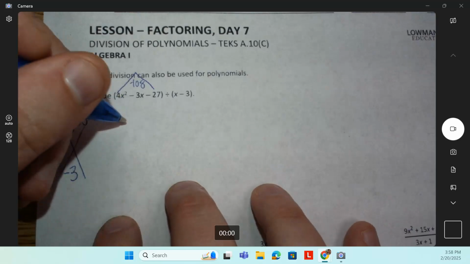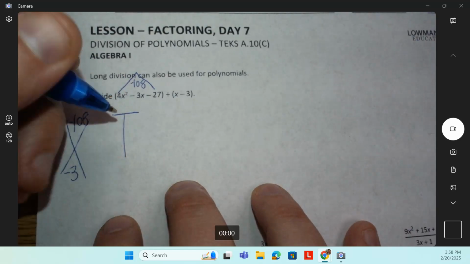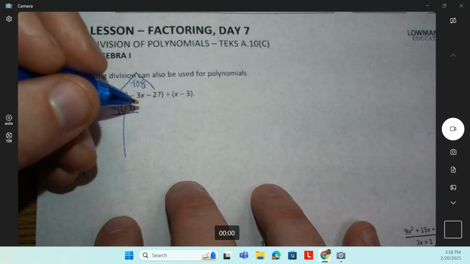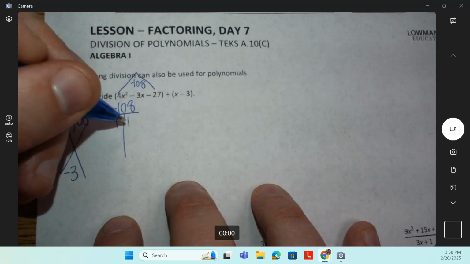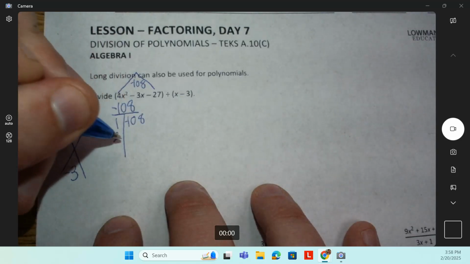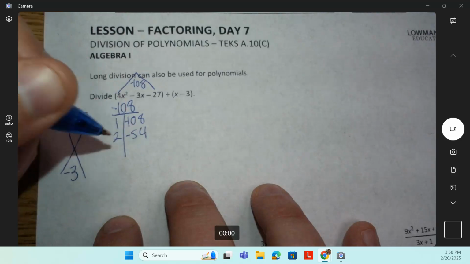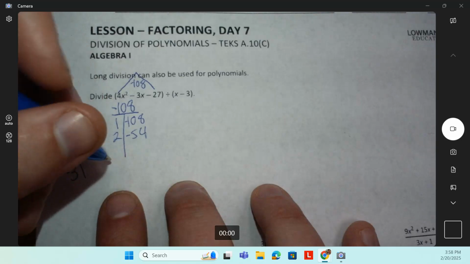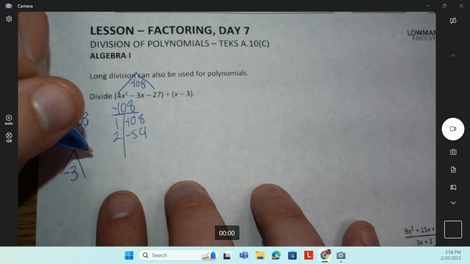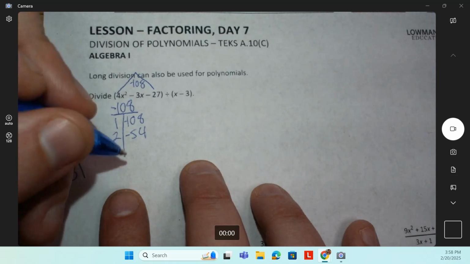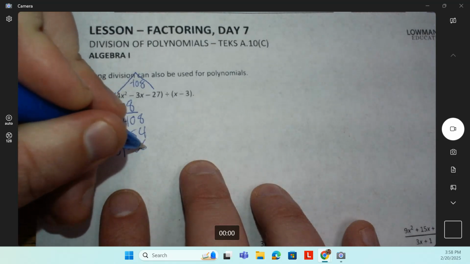You have a way of figuring that out, whether that's manually working through it by hand, say 1 times negative 108 would work, 2 times negative 54, 3 times 36 maybe, and so on.